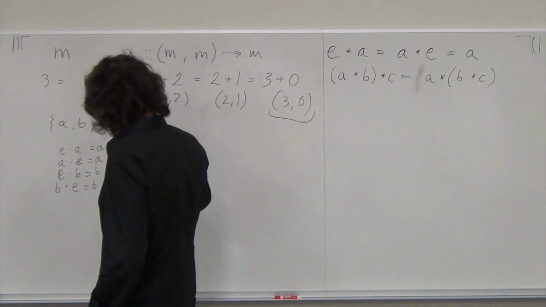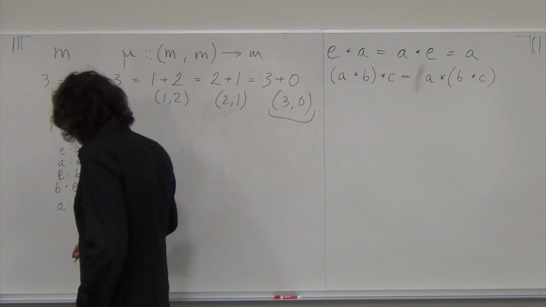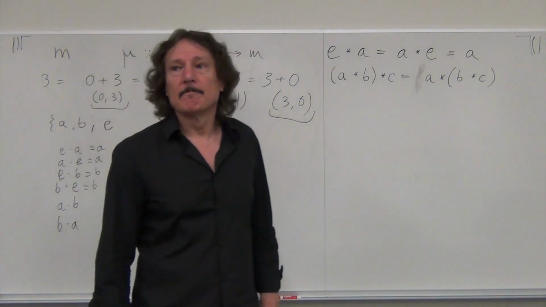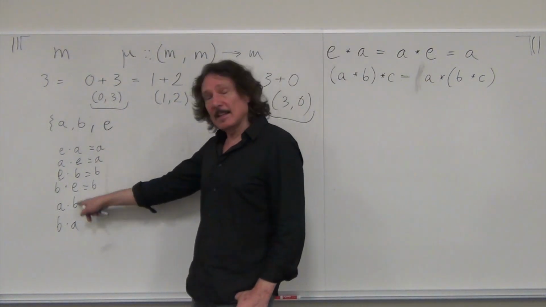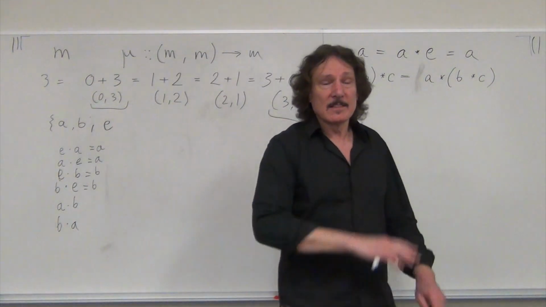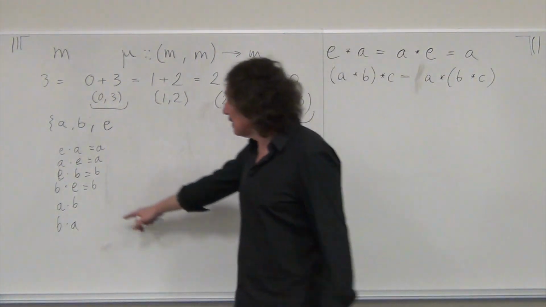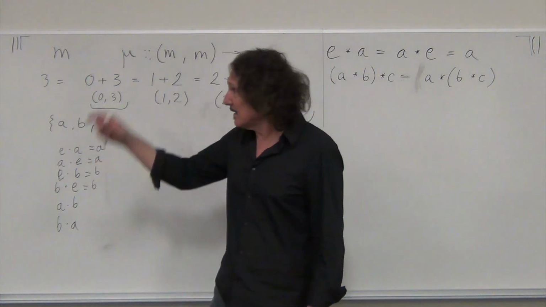But there are other possibilities like A times B and B times A. Okay? And we are saying A times B is not identified with anything else. A times B is not the same as A, it's not the same as B, it's not the same as E. It's a new thing.